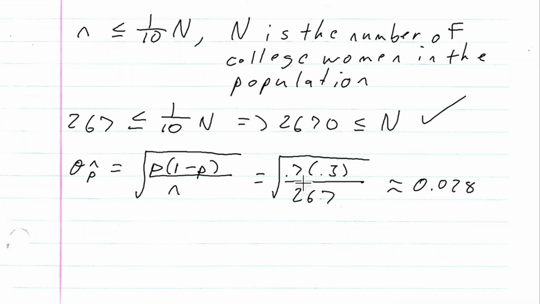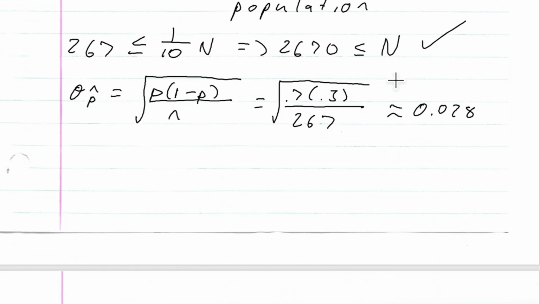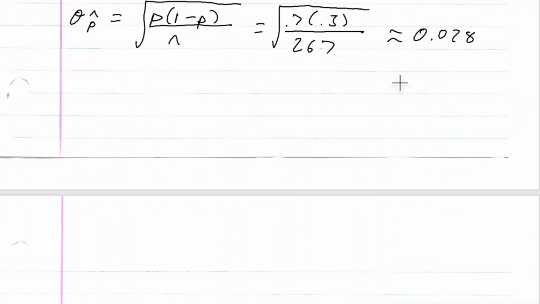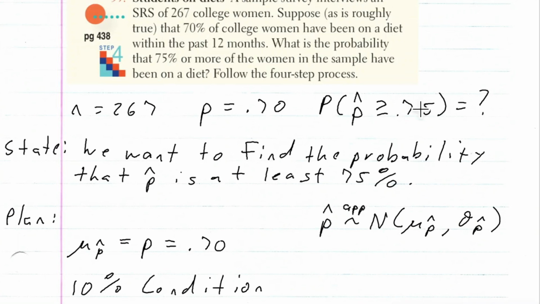Okay, so now we have our mean and our standard deviation, but we need to determine if p hat is indeed approximately normal. So we have to check the normal condition.